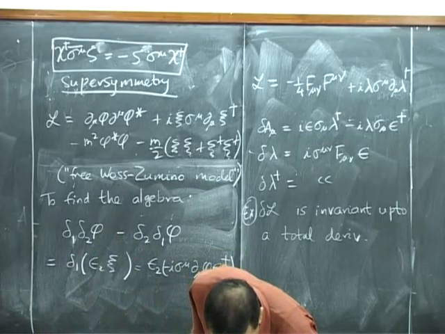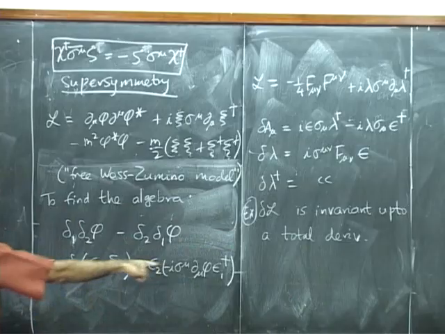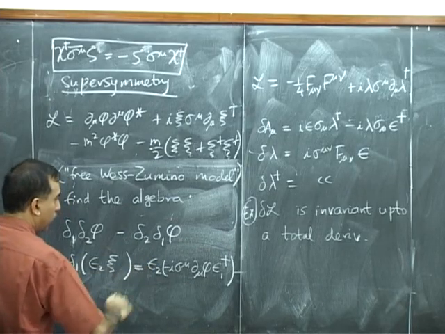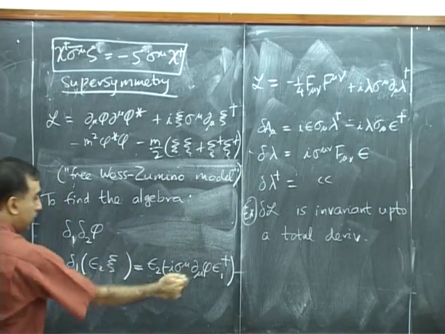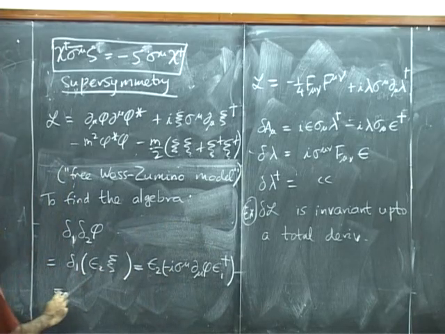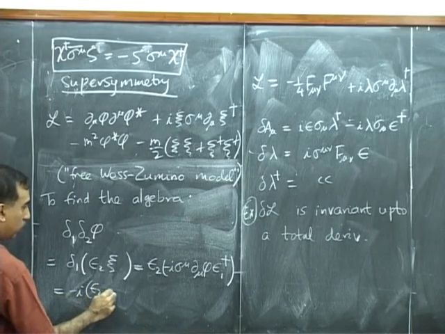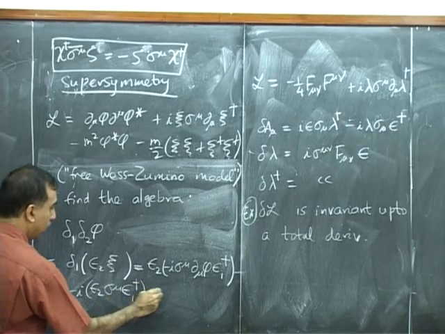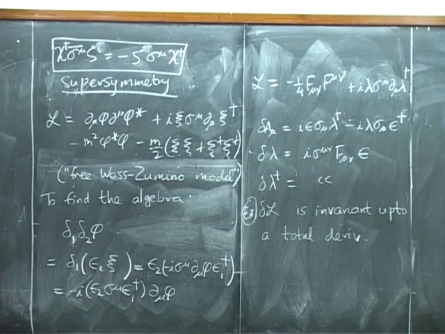Okay, so this is only the first term, so let's neglect the rest for now. This much is equal to minus i epsilon 2 sigma mu epsilon 1 dagger del mu phi. Alright?